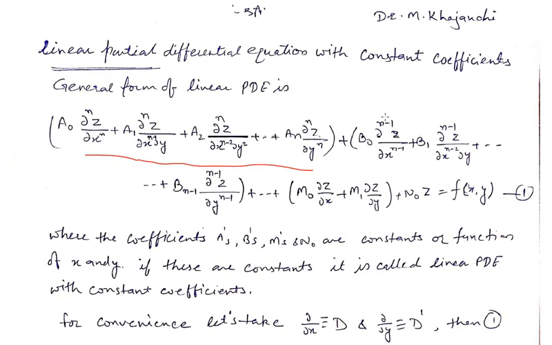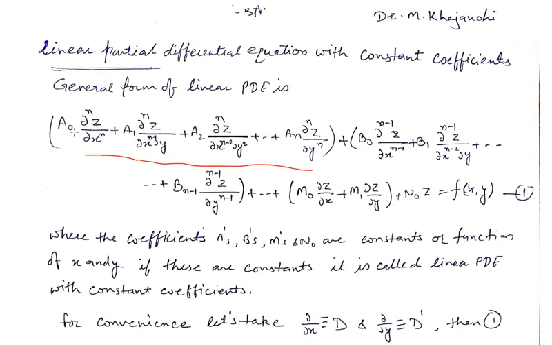And b0 del n minus 1 z upon del x n minus 1, b1 del n minus 1 z upon del x n minus 2 del y, and so on, b n minus 1 del n minus 1 z upon del y n minus 1. These are the terms of n minus 1th order, plus so on, m0 del z upon del x, m1 del z upon del y, first order derivative terms, n0 z equals a function of x, y.